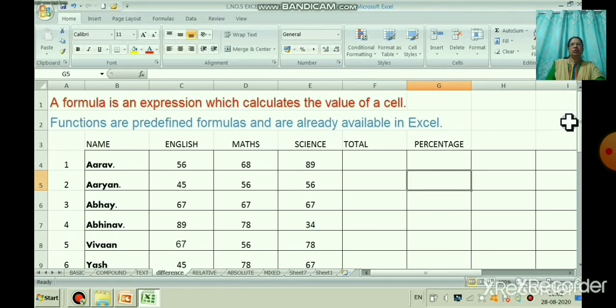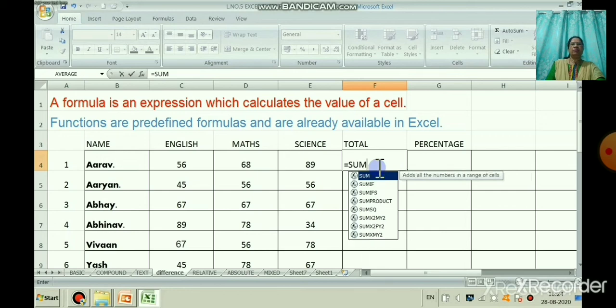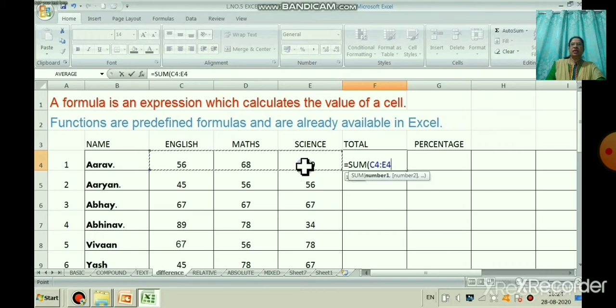Now, let us learn the difference between formula and functions. A formula is an expression which calculates the value of a cell, and functions are predefined formulas and are already available in Excel. Children, with the help of this table, see how we are calculating the sum by using a function, because these are inbuilt functions.